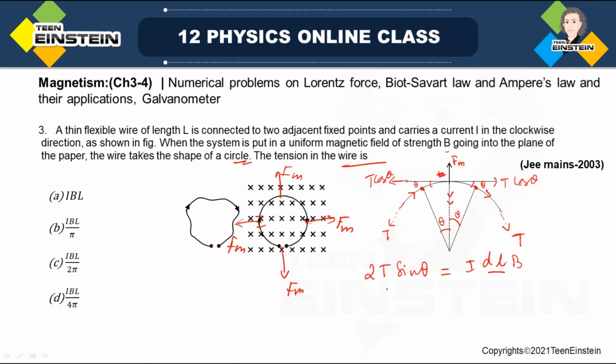Since this is a very small angle, we can write sin theta nearly equal to theta. So I'll write I B, and what is dl? This is r, and this is theta. So 2 into r theta into B.